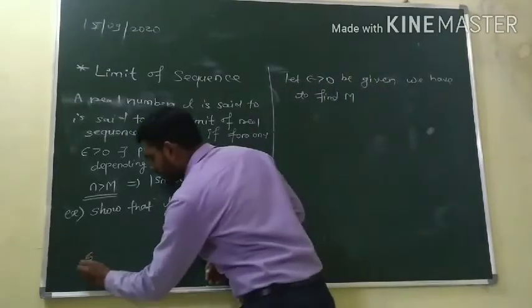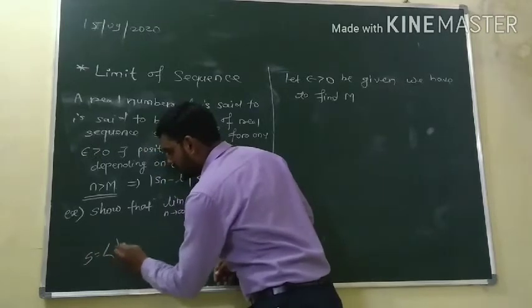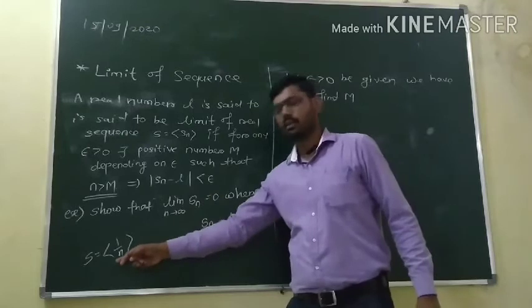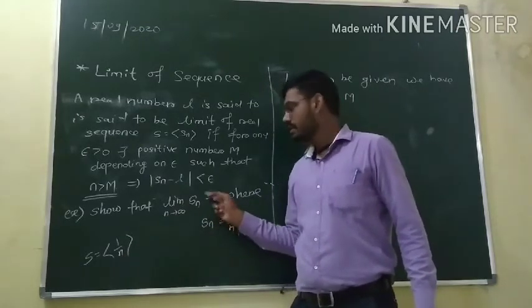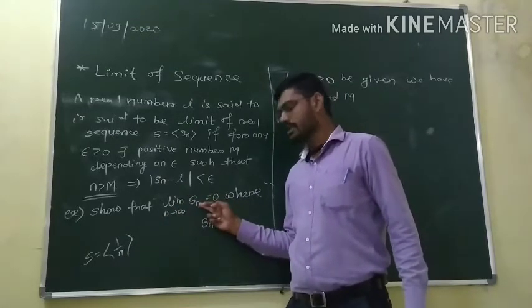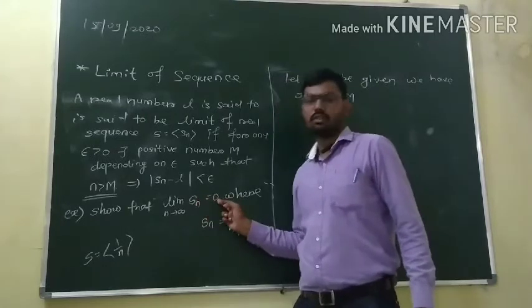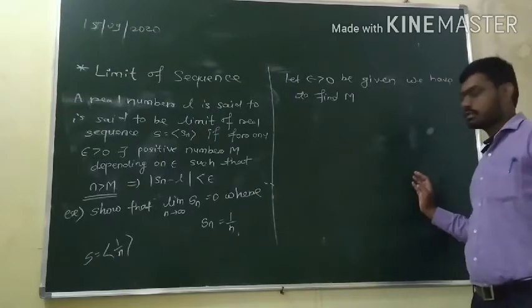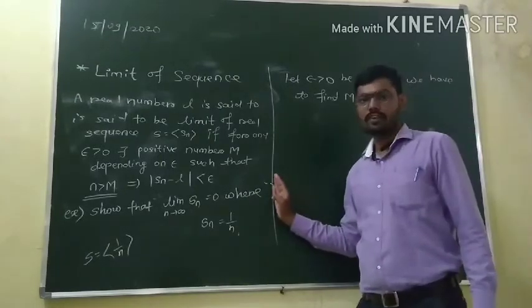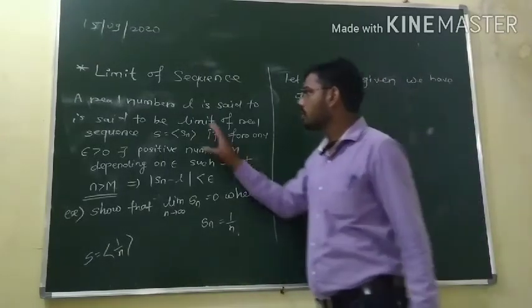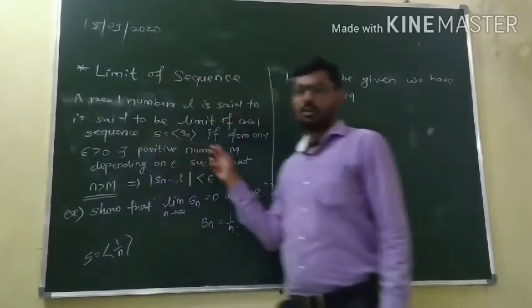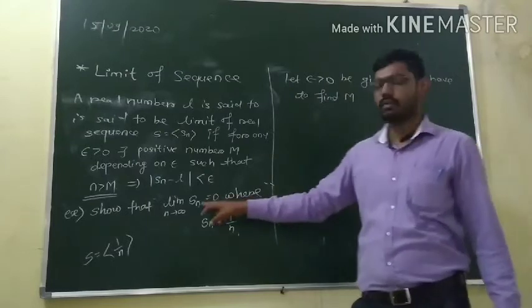Here the sequence is given as S whose nth term is 1 by n, and we have to show that the limit of this sequence is 0, that is, the limit as n tends to infinity of the nth term is 0. We already saw graphically how the elements tend to 0. Now we have to use the definition to show that the limit of this sequence is 0.